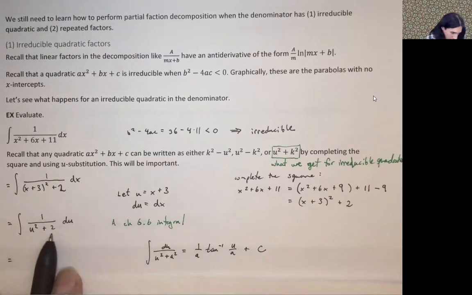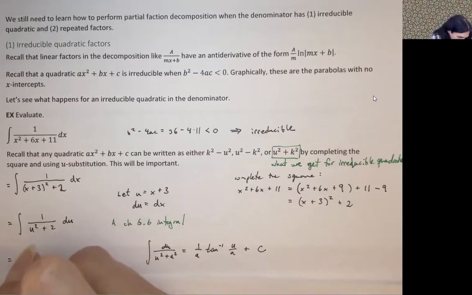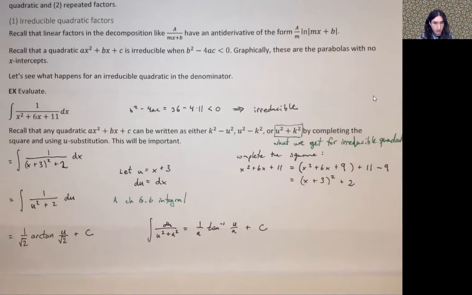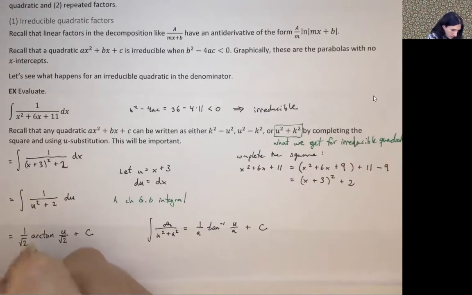So in this case, my a would be root 2, since I need an a squared right here. So I have 1 over root 2 arctan of u over root 2, plus our constant of integration. And of course we substitute back into x's.